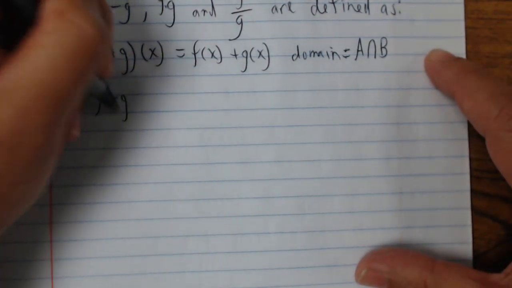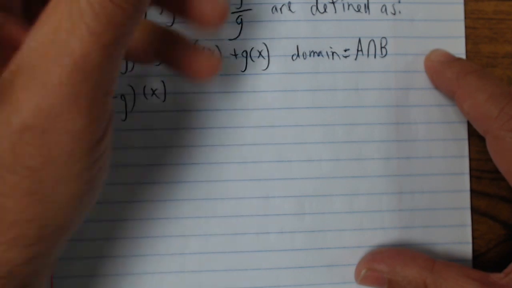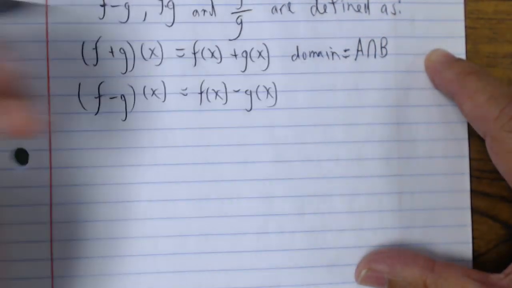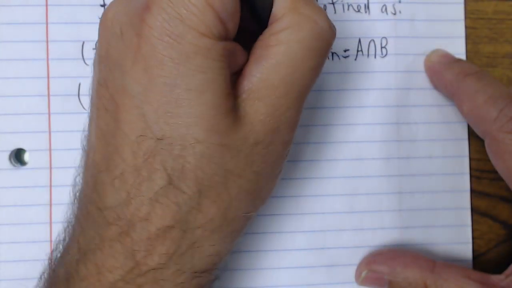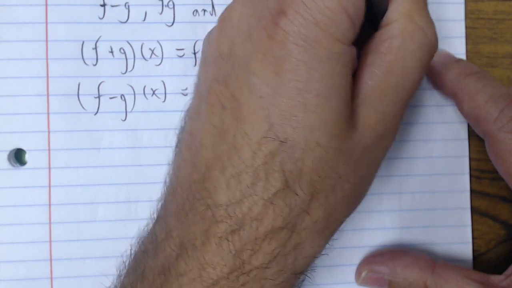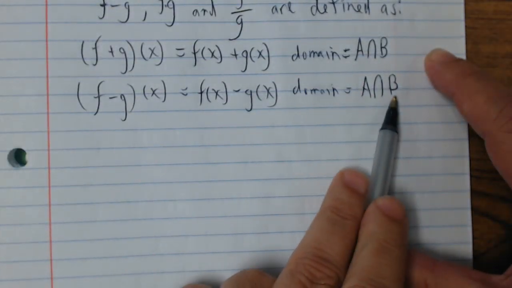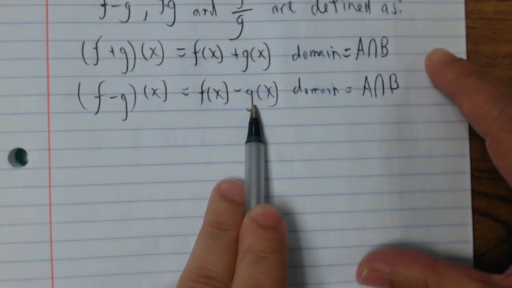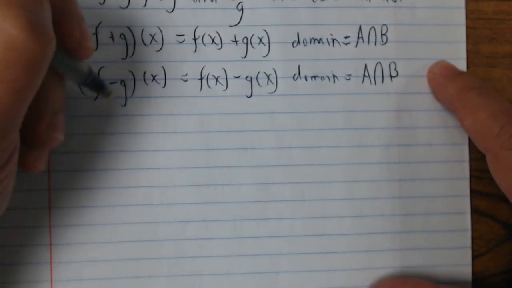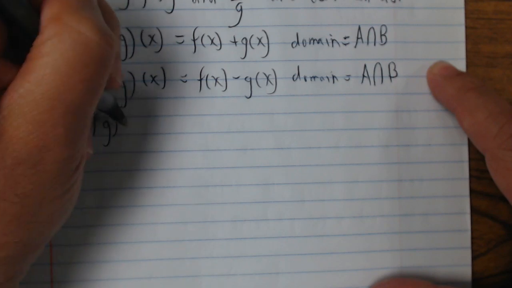So f minus g of x means the same thing as f of x minus g of x. And once again, their domain just equals what A and B have in common, or what f and g have in common, just the x values that exist in both. Now we have f times g of x.